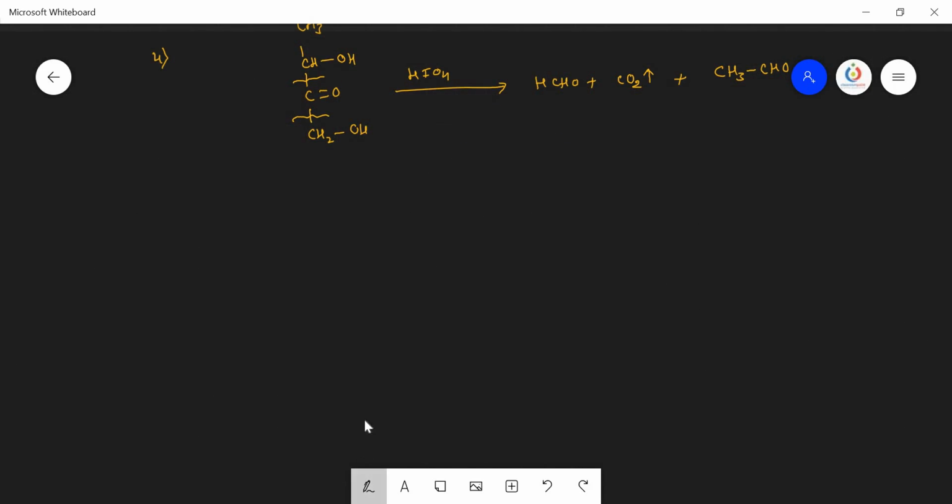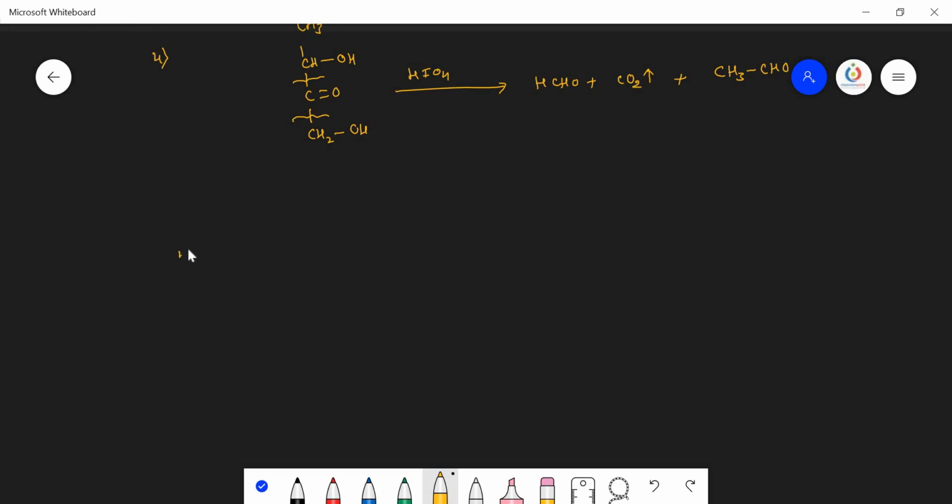Okay. And in this course particularly, I forgot one important example, that is, what happens if the molecule is like this. Use HIO4 now. So we need to break the bond here and here.